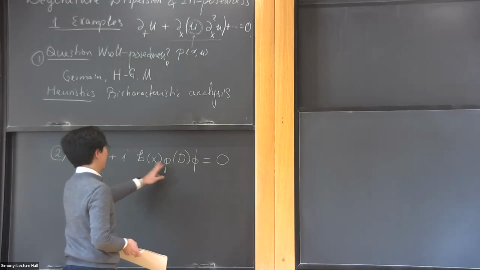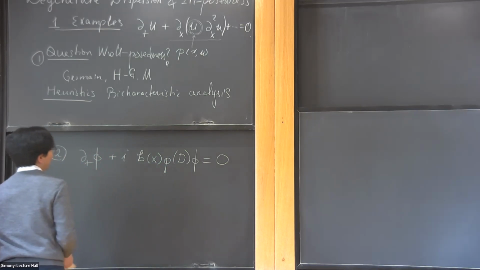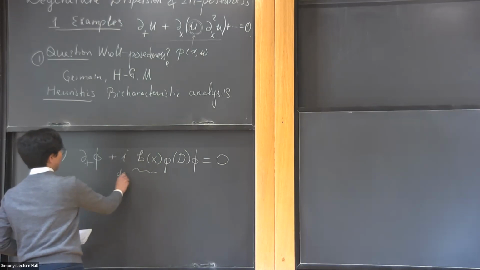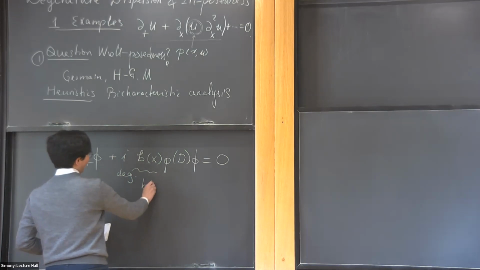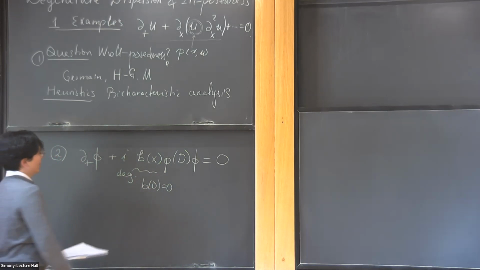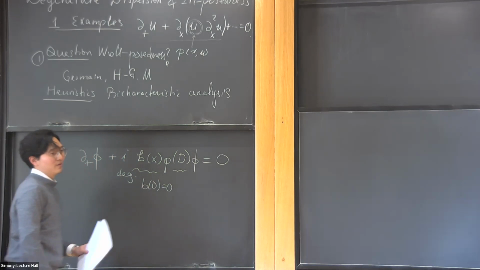b and p are some real valued functions and multipliers, which is degenerate in the sense that let's say b(0) is 0, and b is a smooth function. This is what degenerate means for me, and it is dispersive.